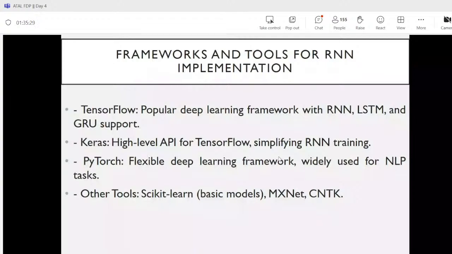Coming to the major part. Whatever content I have shared now, you might have gone through these definitions in earlier sessions. Coming to the frameworks and tools where we can use recurrent neural networks, there are a lot of tools available, which are open source, and some may even be paid.